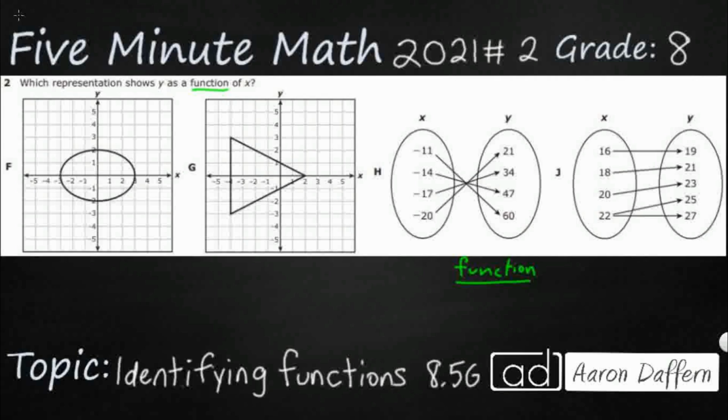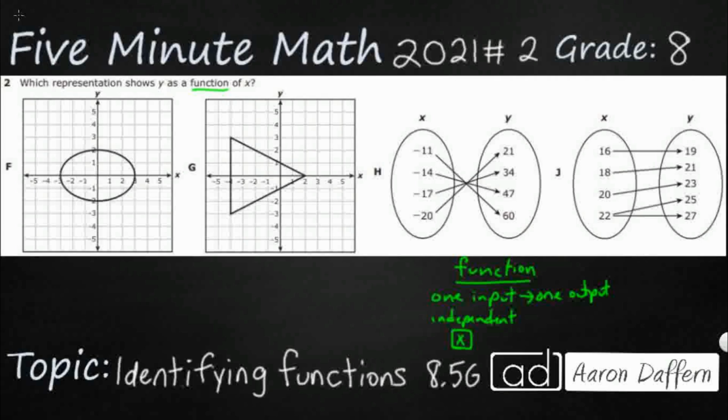So a function is when one input leads to one output. And so in math, our input is going to be our independent variable, and we have been using x for that. So our independent variable is our starting point. We start with an x.